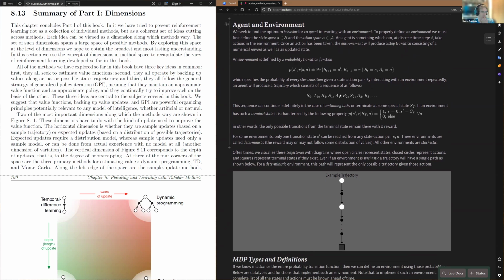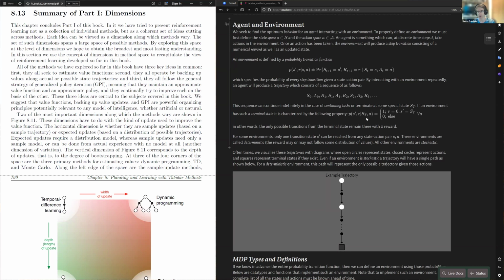When you actually interact with an environment, you end up with a sequence of states, actions, and rewards. Which states, actions, and rewards you actually obtain will depend on the probabilities in this function.